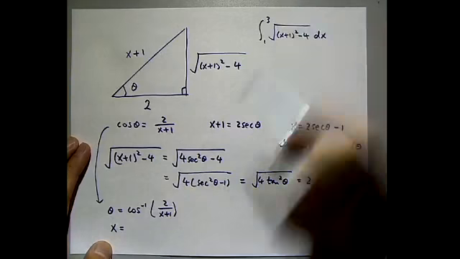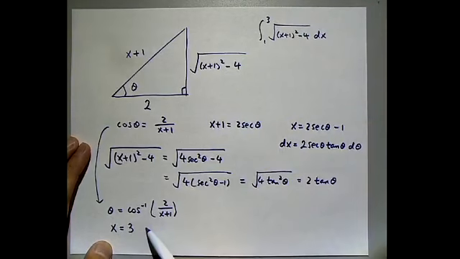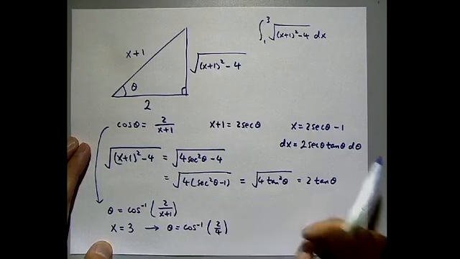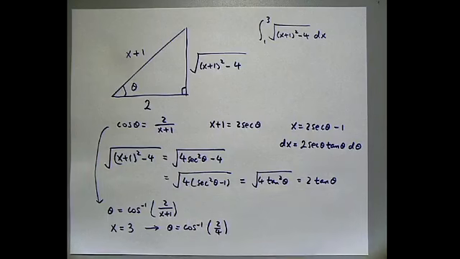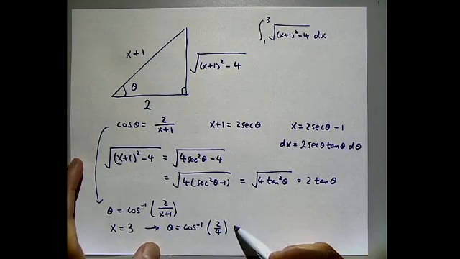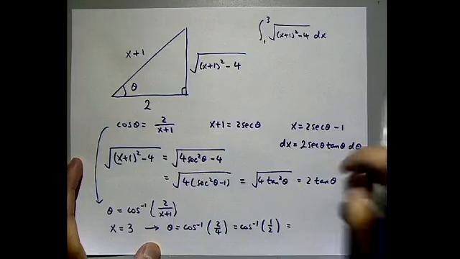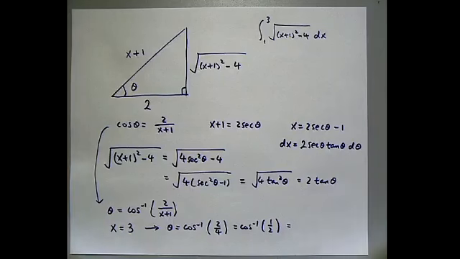First, the upper limit. If I plug in 3 into the inverse cosine equation here, I get theta as inverse cosine of 2 over 4. And what's the inverse cosine of 1/2? Pi over 3.